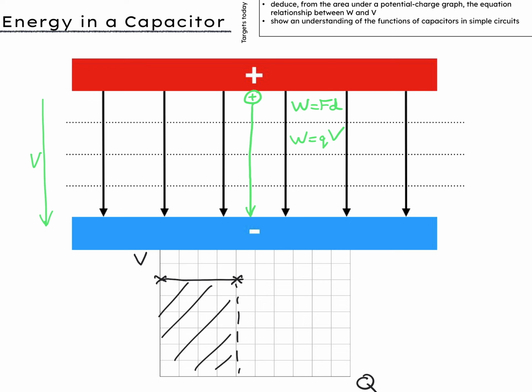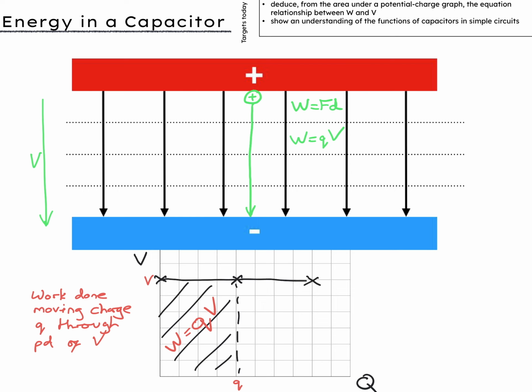So the area under the graph is QV, which is the work done in moving charge Q through PD V. If I move more charge, voltage stays the same, but charge increases, making the area bigger, more work has been done.